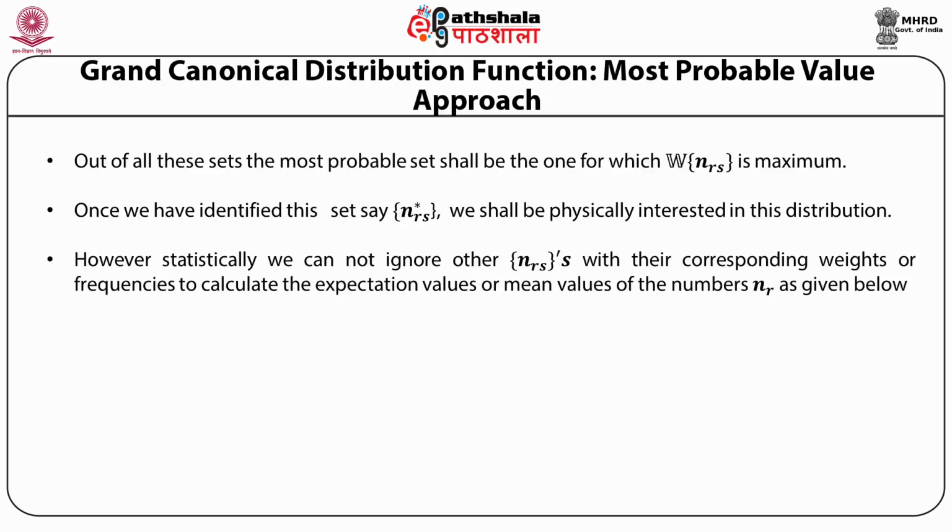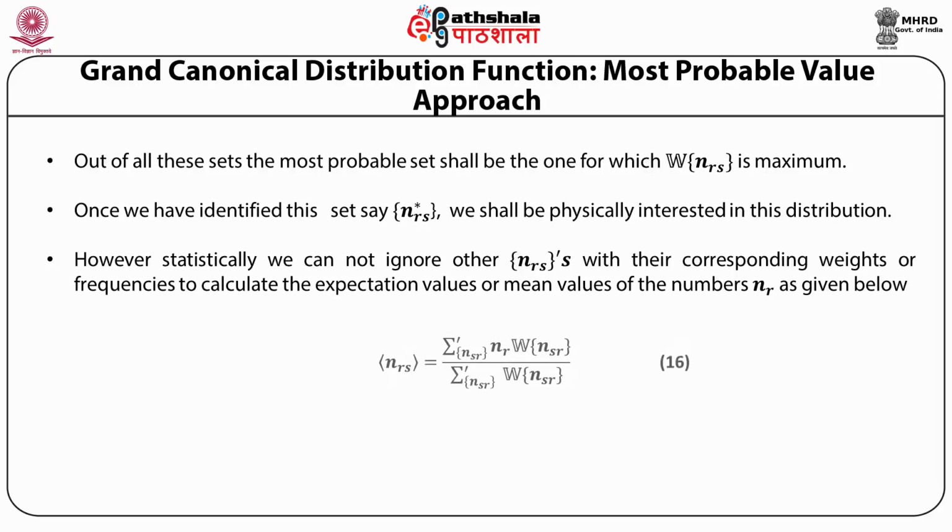However, statistically, we cannot ignore other sets n_sr dash with their corresponding weights or frequencies to calculate the expectation value or mean value of the number n_r as given below.